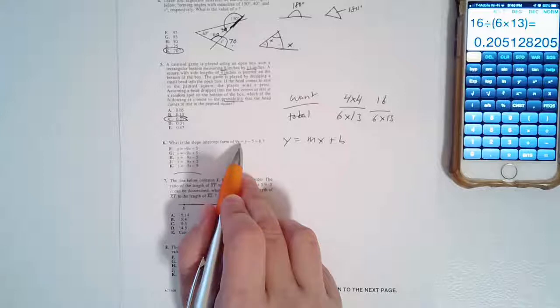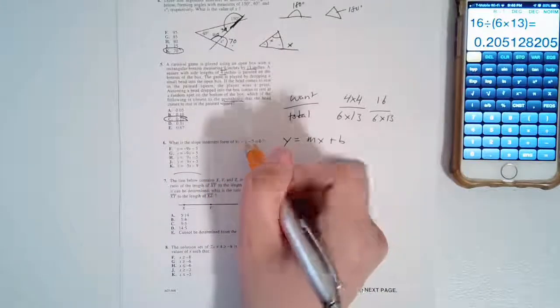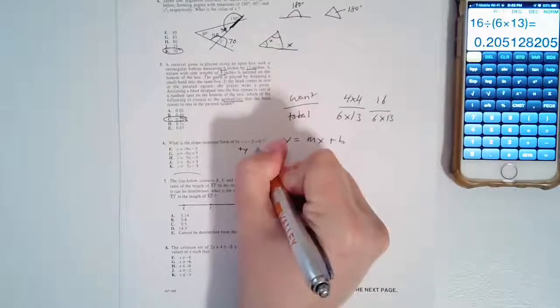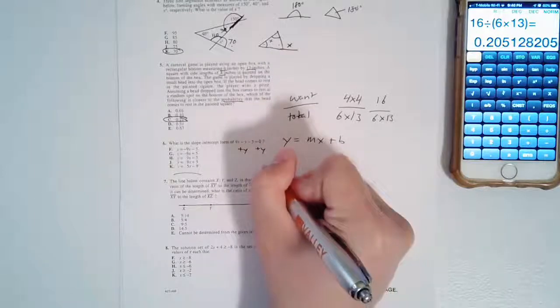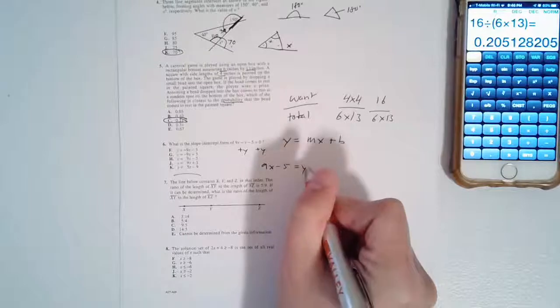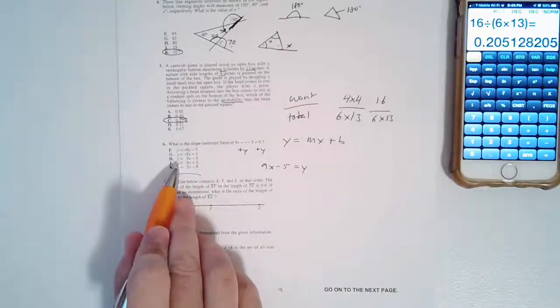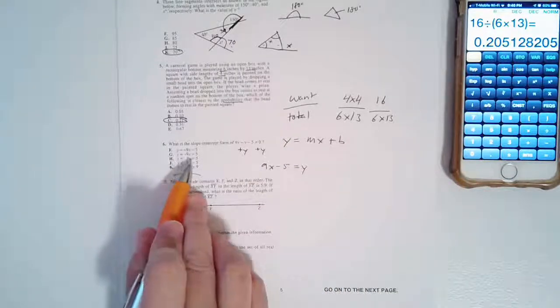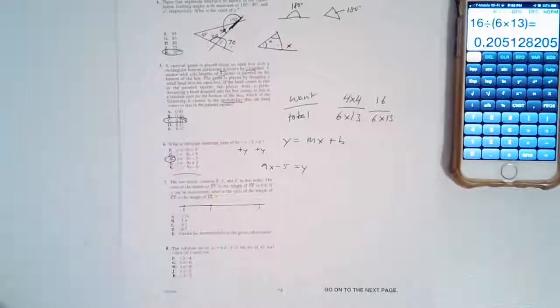Or since y is already negative, I can just add y to both sides, and I'm left with 9x minus 5 equals y, which is the same as y equals 9x minus 5, H.